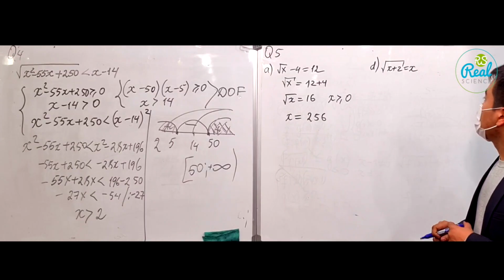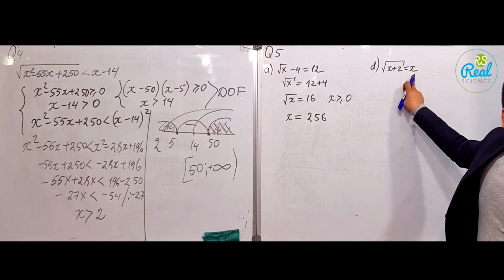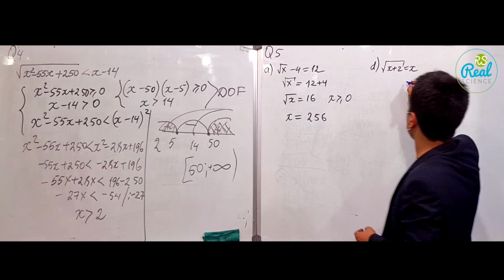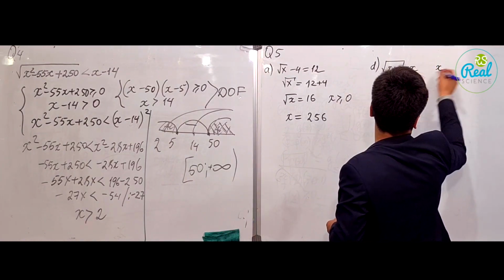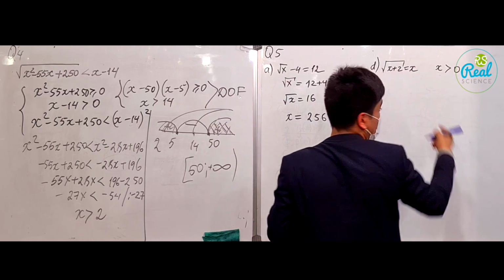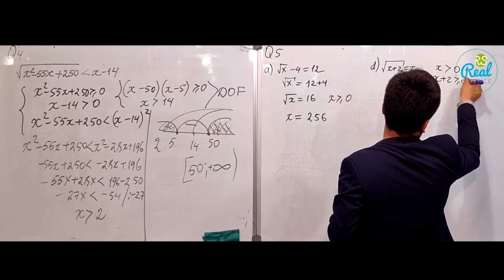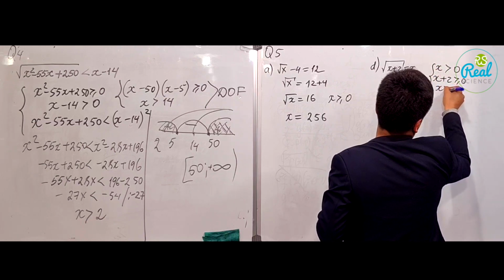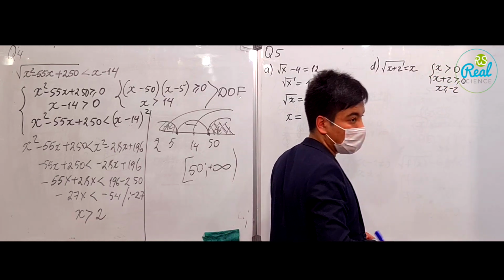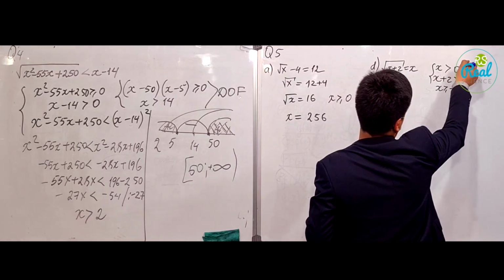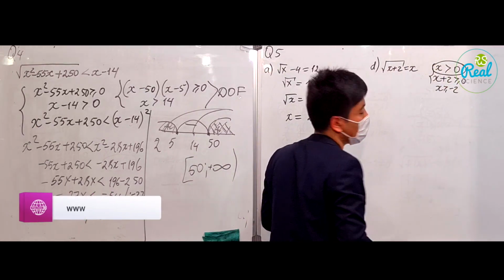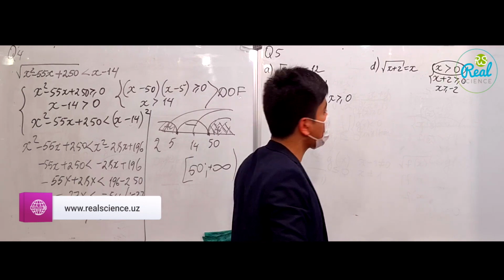Let's see D1. D1 has the unknown on this side. X must always be positive. 0 can be, but positive. X plus 2 also must be positive. X must be greater than or equal to minus 2, but here x must be greater than 2.